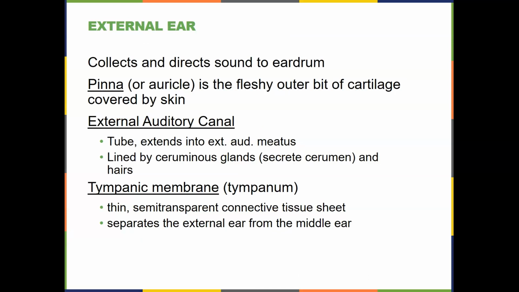So the external ear, the pinnae is the fleshy part, the external auditory canal, the tube that leads up to the tympanum. There are lots of ceruminous glands there that make cerumen. We don't call it earwax, we call it auditory cerumen. And there are little hairs in there.